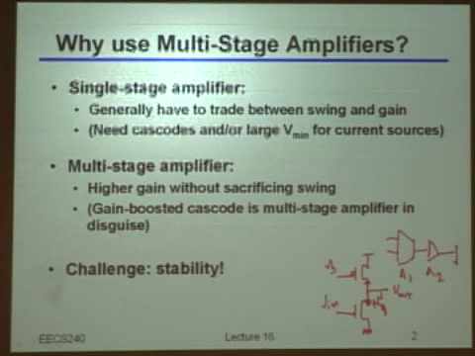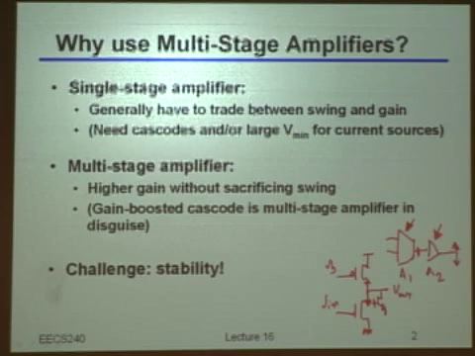On the second stage you can go with very high swing because you may not need that much gain there, while the first stage is where your gain constraint would be placed, and you don't need to worry about high swing there because you will increase that swing with the second stage.